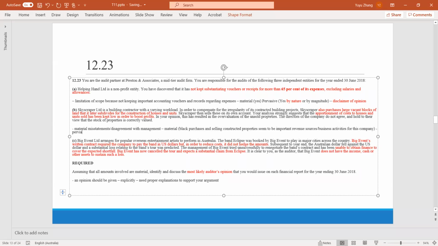And then, is this pervasive? It is an important business, but seems not the main business. Not likely pervasive, unless opposite evidence is present. Is that right?